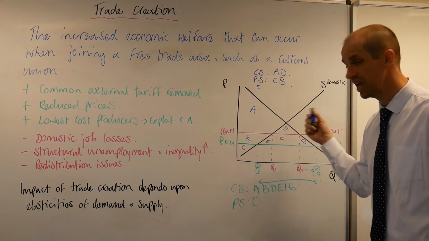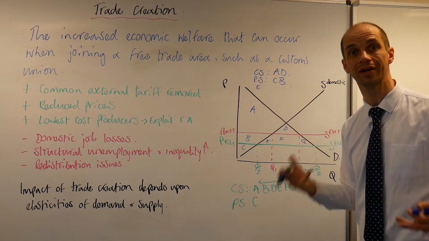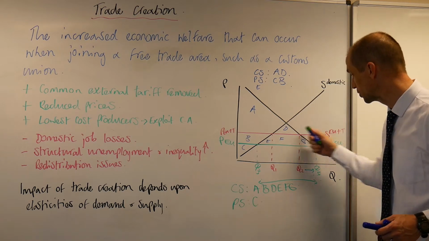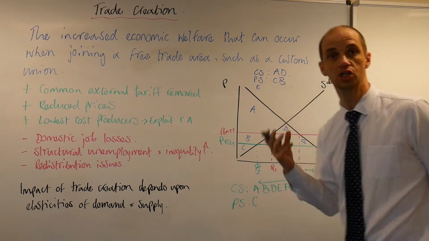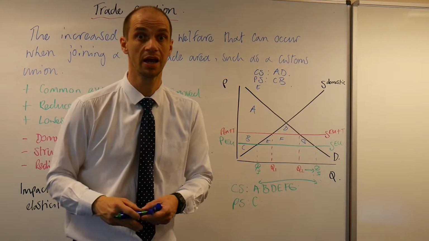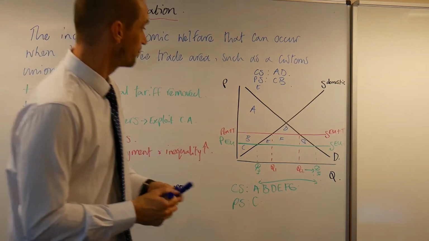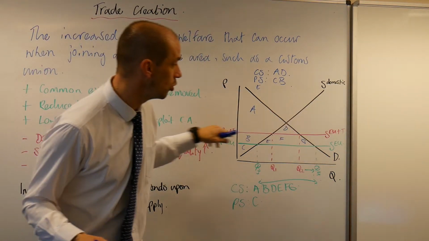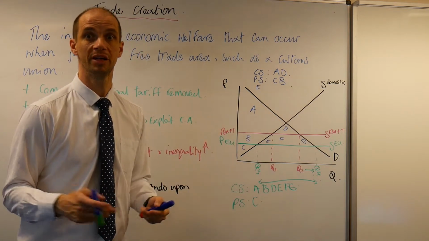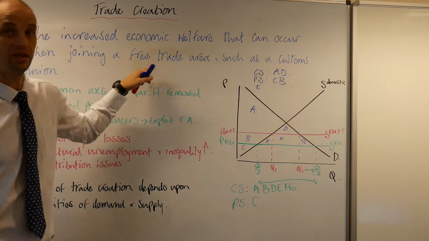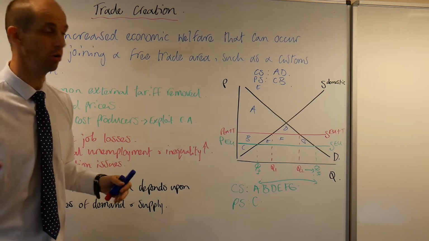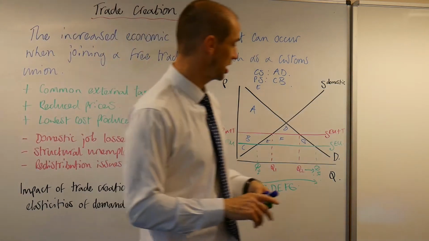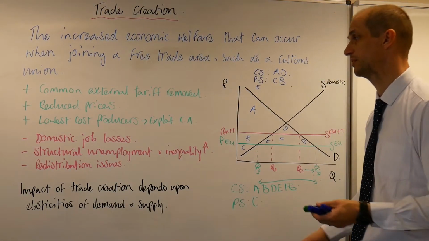That area E is now a gain in dynamic efficiency. We also see that area G is no longer a deadweight economic loss. So overall, we can see that there's an enormous impact upon economic welfare, as our definition suggests here on top of the board there. Let's run through some potential negatives though.